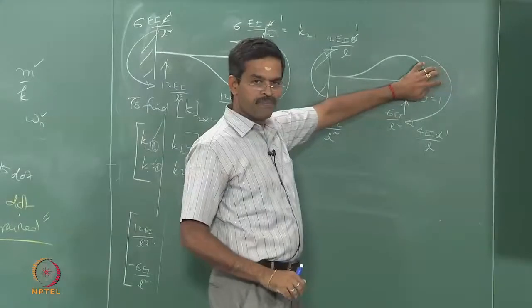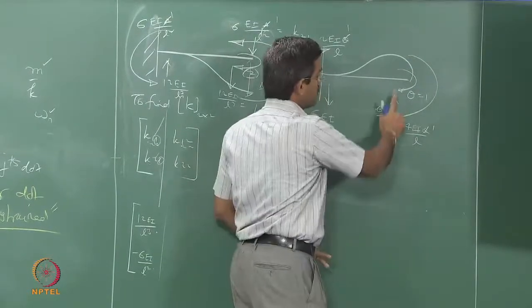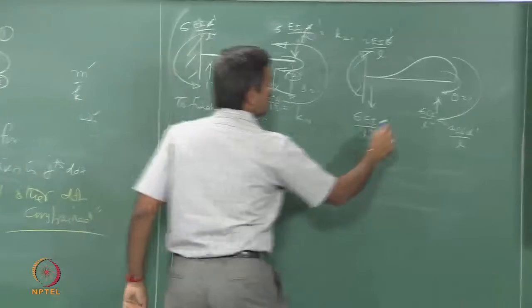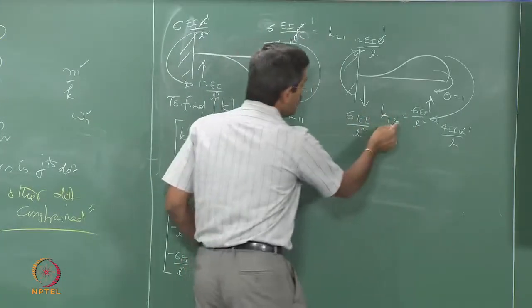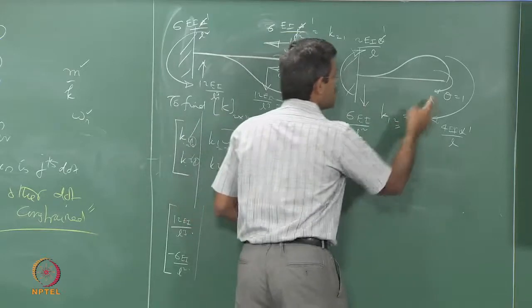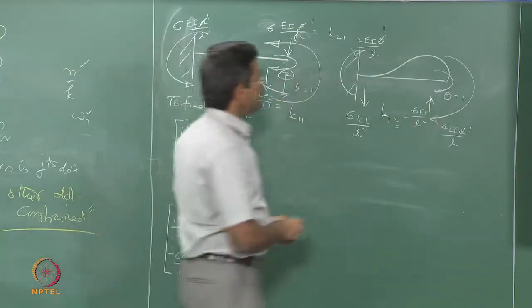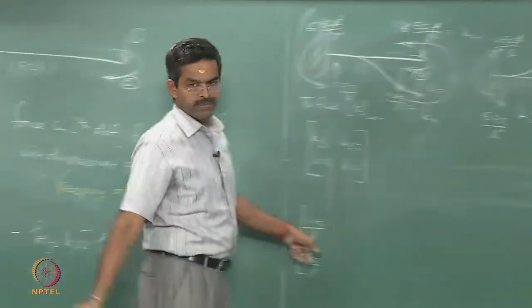Forget about this part. Look here, there are two forces, one is this and other is this. One is this upward, but the degree of freedom one is downward. Therefore, this will be equal to K12, because I have given unit displacement in the second degree. And this value will be equal to K22. So, I get the second column.